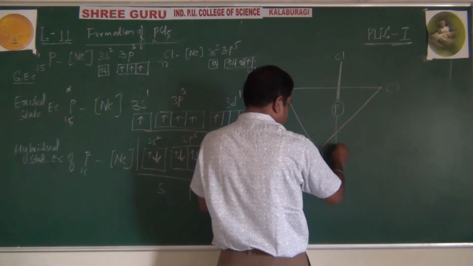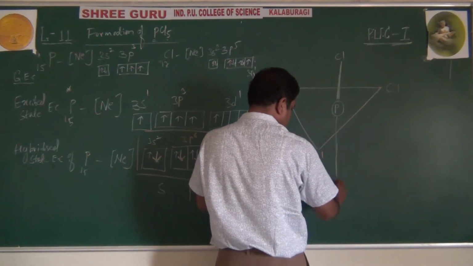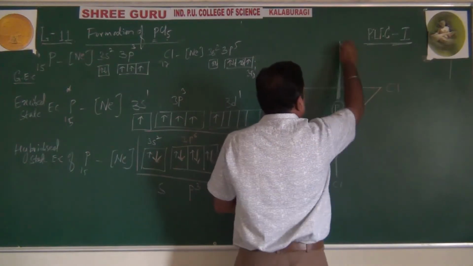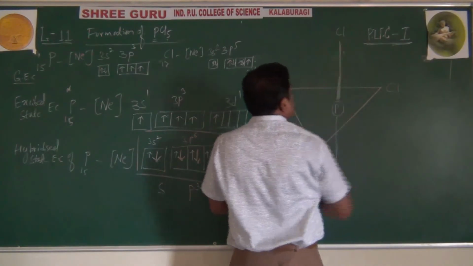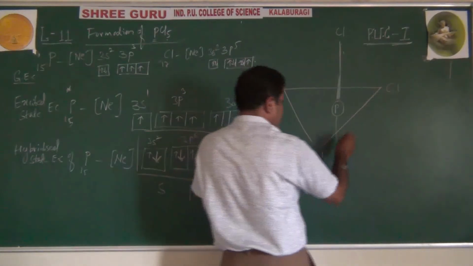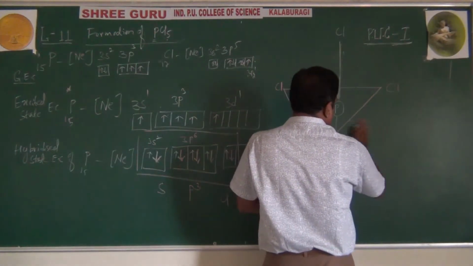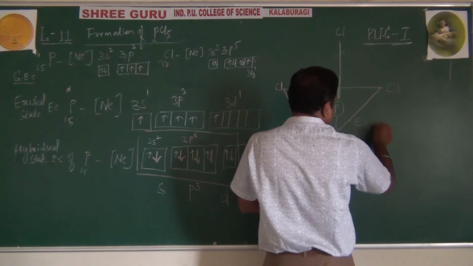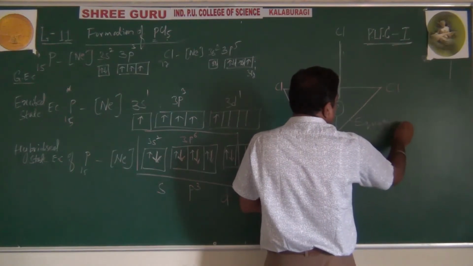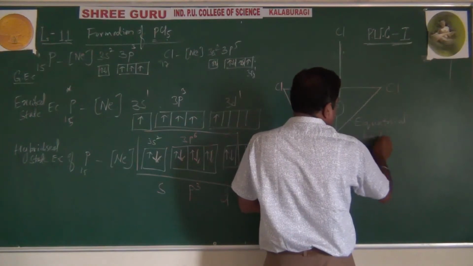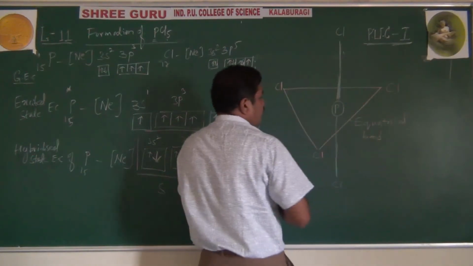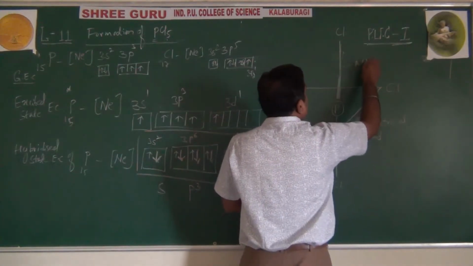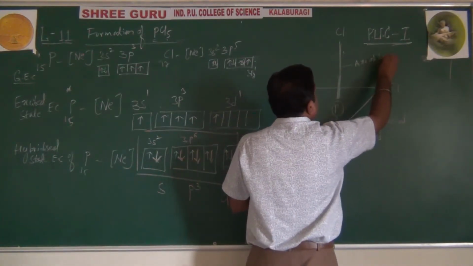So now you can see, is that called equatorial bonds? Equatorial bonds, one, two, three. They are making a quadrangle of 120, and these are called above and below axial bonds.